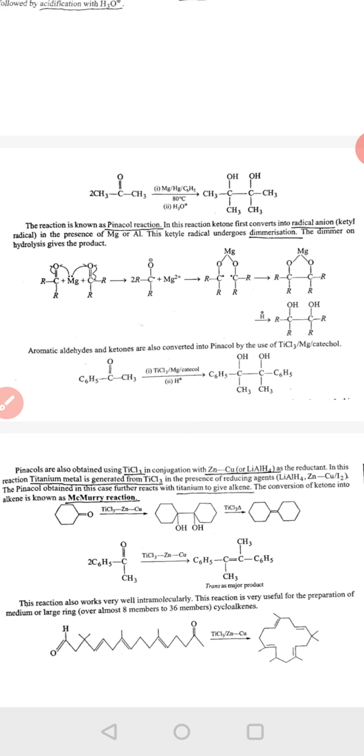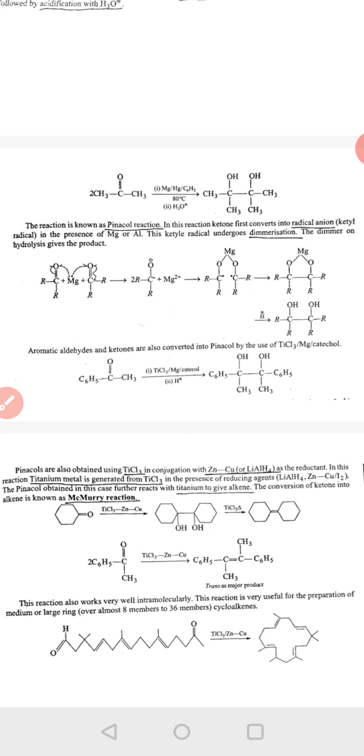So if we use titanium chloride with zinc copper or lithium aluminum hydride, then in the first step titanium metal is generated from titanium chloride. The pinacol obtained in this case further reacts with titanium to give alkene. So the end product of this reaction is alkene. The conversion of ketone into alkene is known as the McMurry reaction.